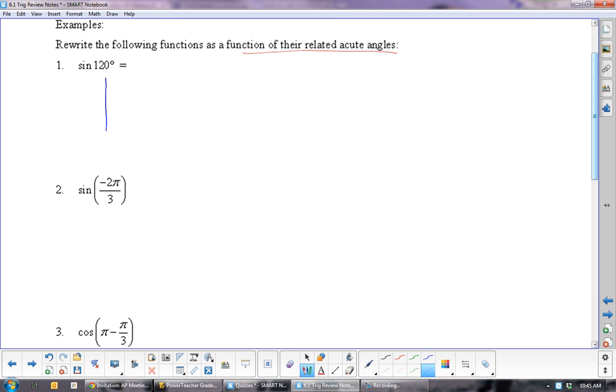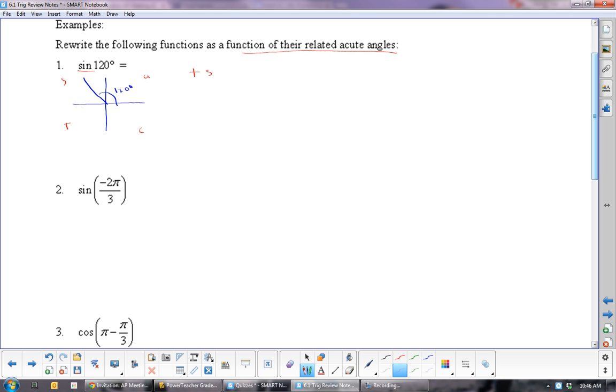Okay, so I got sine 120. So 120 is about there, so you want to draw that. We're dealing with sine here, so sine will be positive.